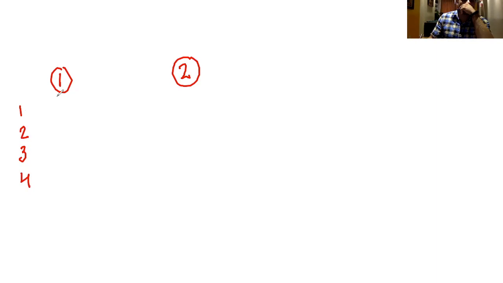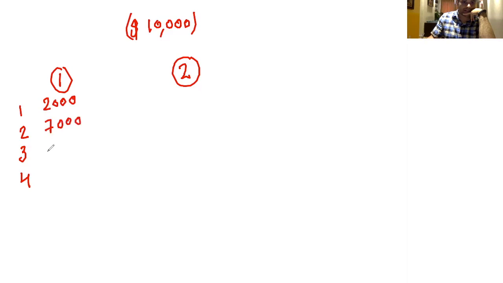Let's say the initial investment, I'm going to write the same $10,000 as previously. Let's say first year is 2,000, second year 7,000, third year 3,000, and fourth year 2,000, right? So cash flows are uneven.